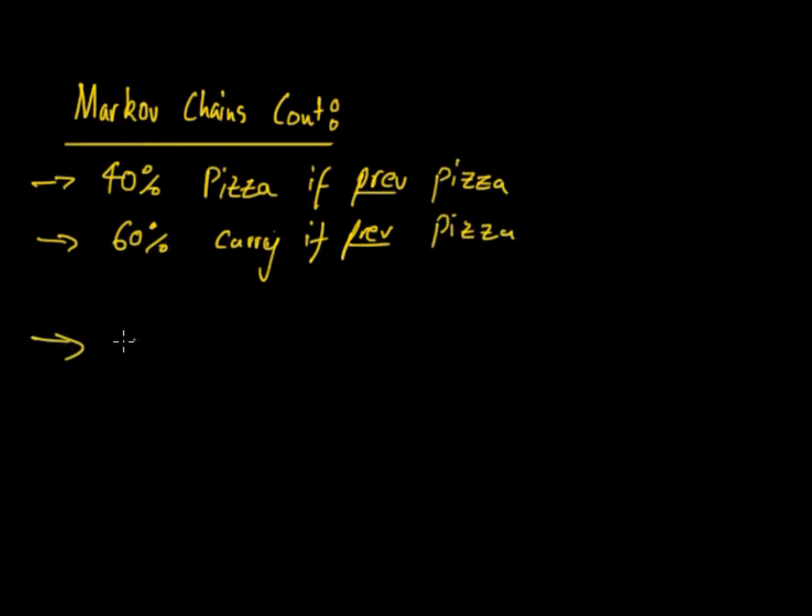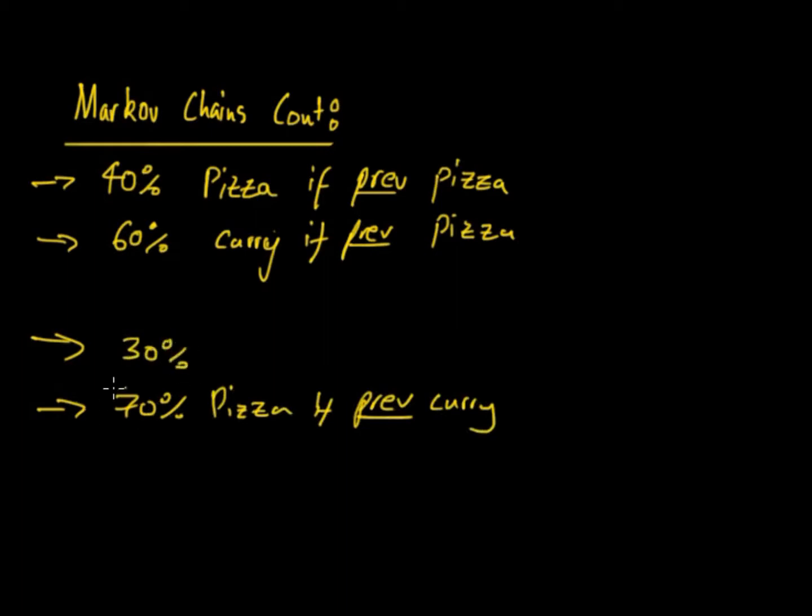The other one they gave was a 70% chance of pizza if previous was curry, and then we can calculate a 30% chance of curry if previous was curry, just 1 minus 0.7.